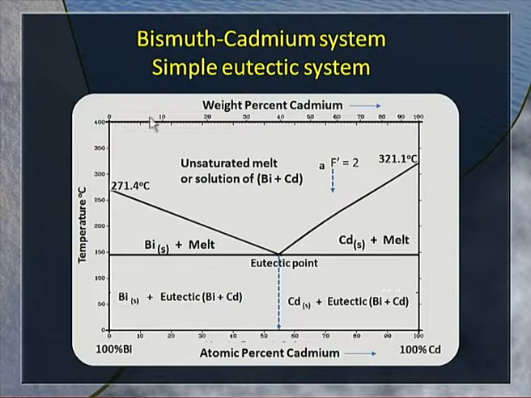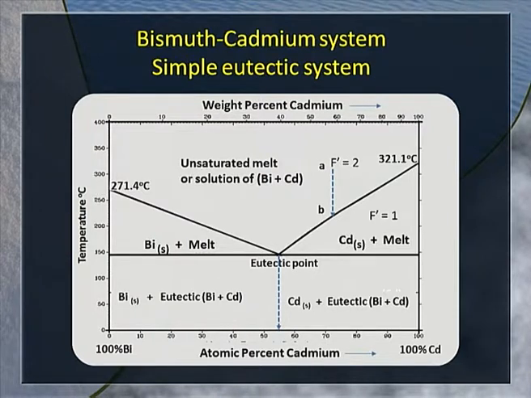Just to give a taste of what you studied last time in a general system, let us start with a mixture of the two metals corresponding to point A and cool it, and we know that the number of degrees of freedom at this point is F equal to 2. Therefore, cooling is allowed. We can follow the path shown by the arrow here, and the cooling takes place till we reach the point B, at which some solid makes its appearance.